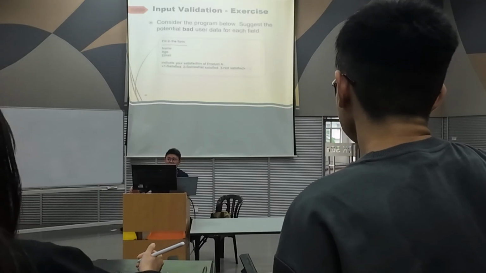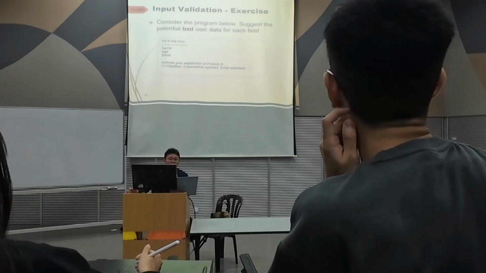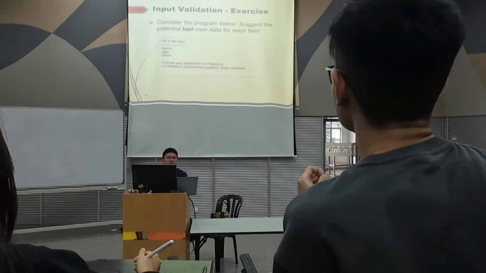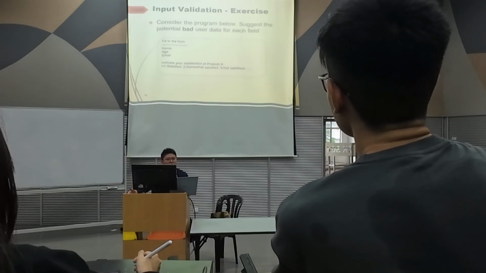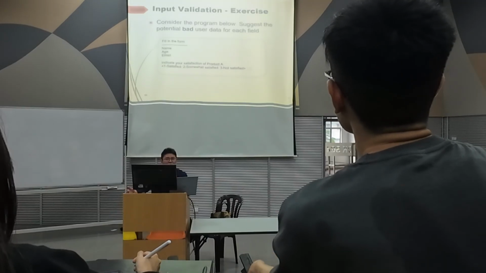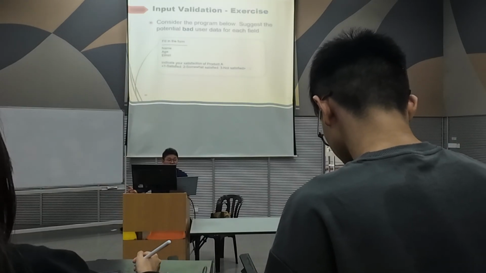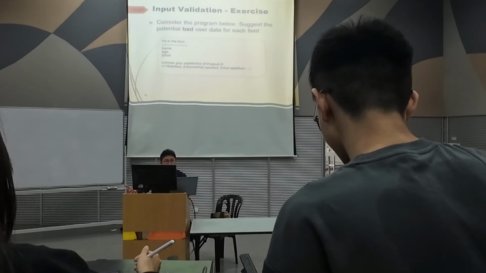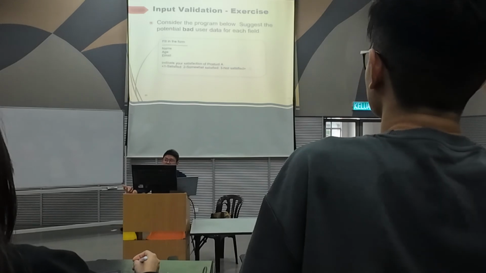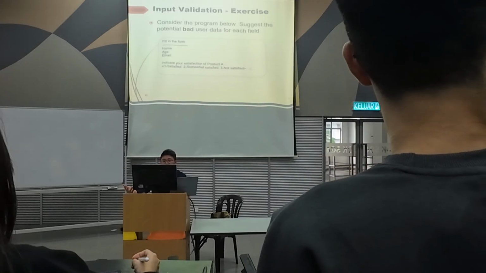Okay? How about email? Email is actually also the format. So how do you check email? Is it a valid email? I mean the most common one in your email, what do you have in your email? The @ symbol, right? The alliance, maybe student.charc.edu.my. So in email, you have to meet this requirement.